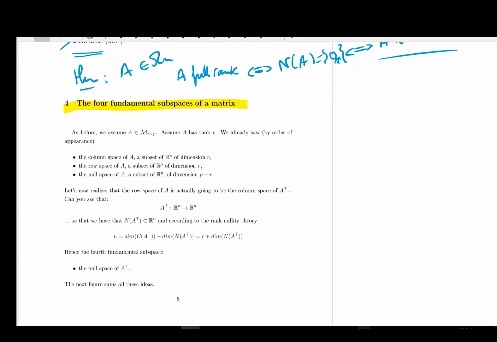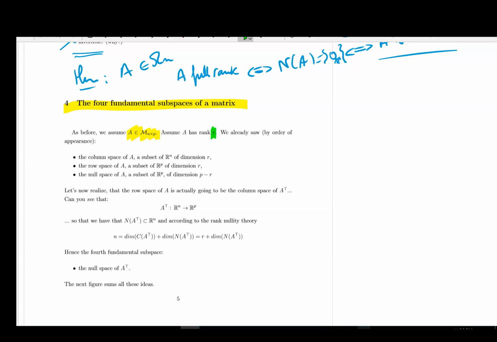Now let's go back to a typical rectangular matrix, n rows, p columns, and we know what the rank is. We would assume it has rank R, so R is smaller or equal to p, of course, because it's the dimension of the column space. Smaller or equal to n, sorry, that's the dimension of the column space.